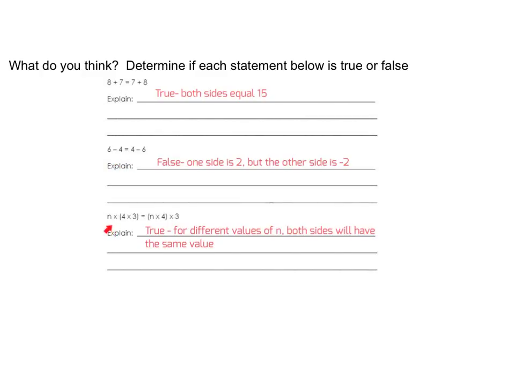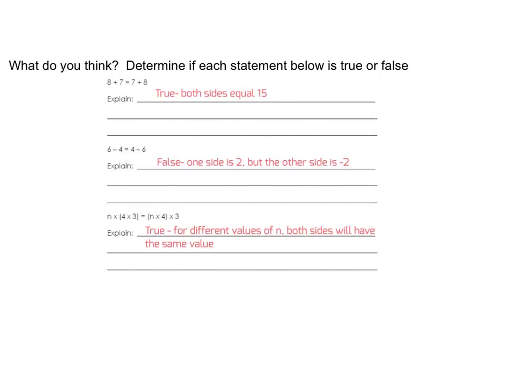And then the last one, it's the same on both sides, except that you're putting parentheses in different places, which means you do it in a different order, but in the end, does it actually matter? Again, if you put different values in for n, you'll find that it doesn't really matter which order you have the parentheses in this situation.